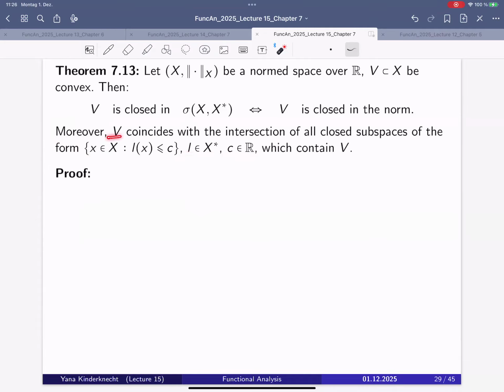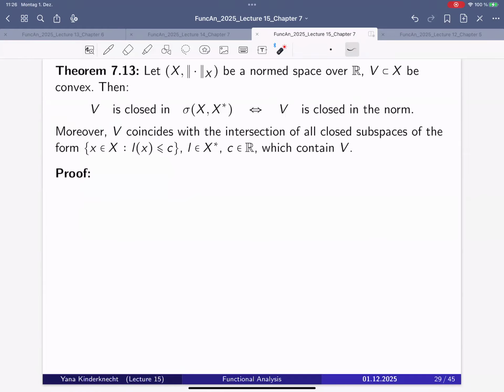So V is an intersection of all closed subspaces of this form which contain V, of course. So not for all L and all C, but for such L and C that each such subspace contains V. Okay, so this is the statement.